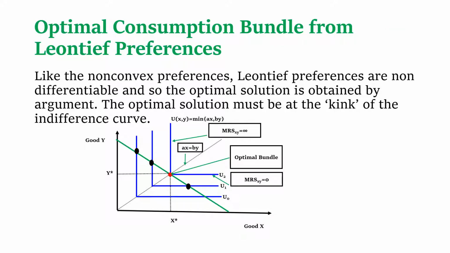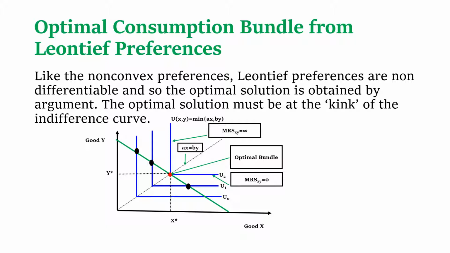Now let's move on to other preferences, the Leontief preferences, optimal consumption bundle from Leontief preferences. Now we say Leontief preferences are fixed proportion indifference curves. That is to say, the consumer spends a fixed amount on the two commodities, and he cannot buy one without the other.